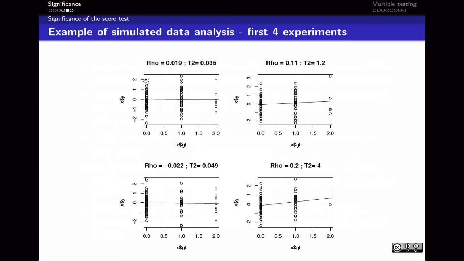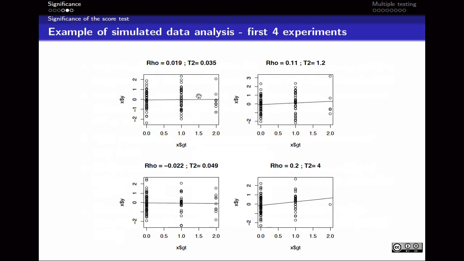So for example, this dot corresponds to an individual who has genotype coded as 0, so it's AA, AB, BB. So this guy is AA, and this simulated sample has a rather high value of the simulated phenotype of about 2.